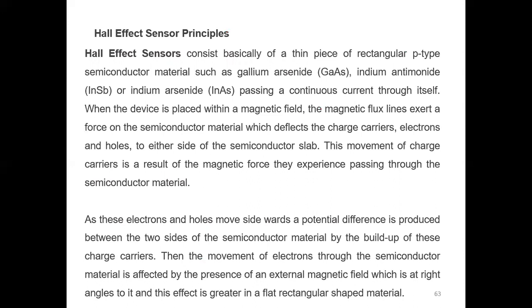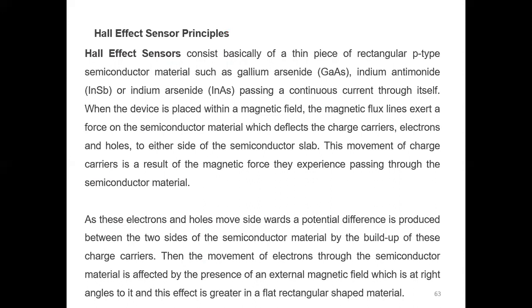The principle: it consists of a thin piece of rectangular p-type semiconductor material, such as gallium arsenide or indium arsenide, passing a continuous current through itself. When the device is placed in a magnetic field, the magnetic flux lines exert a force on the semiconductor material, which deflects the charge carriers, electrons and holes, to either side of the semiconductor slab.